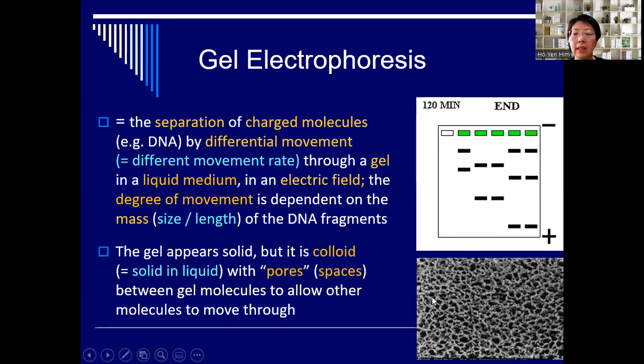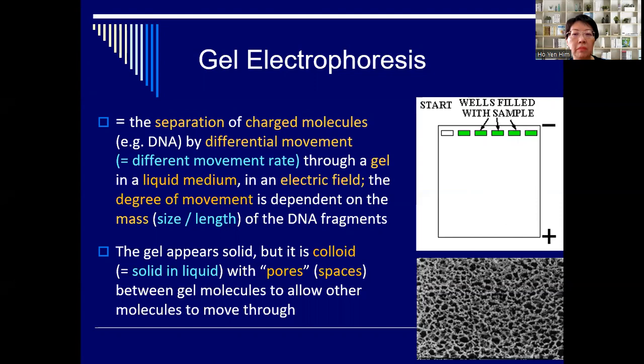If you look at this magnified version of the gel, we will see that it's actually made up of solid with a lot of pores in it. They are the gel fibers with a lot of spaces in them. These spaces between the gel molecules, those fibers, allow other molecules to pass through.